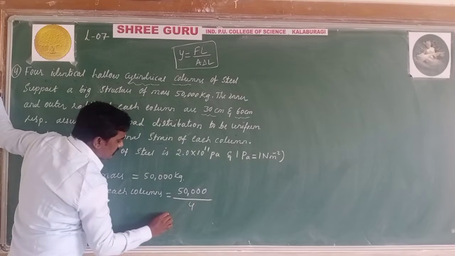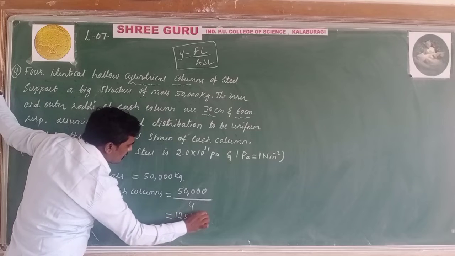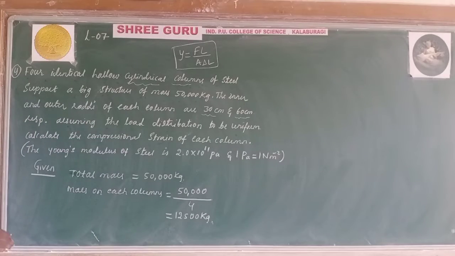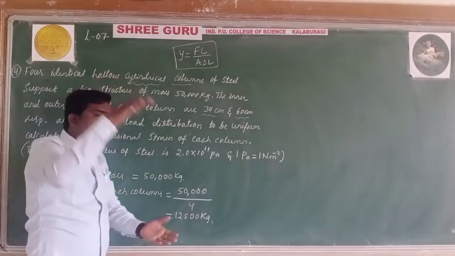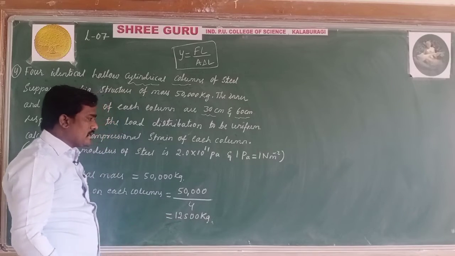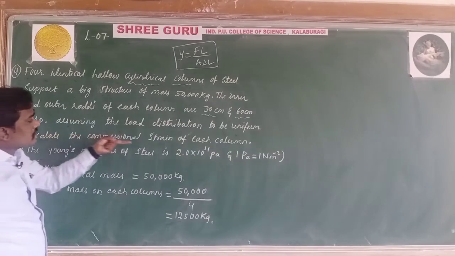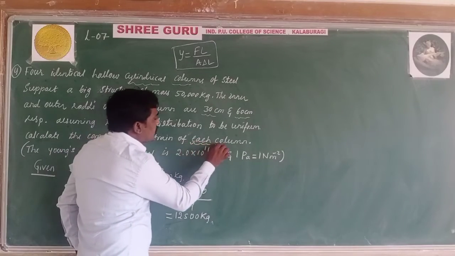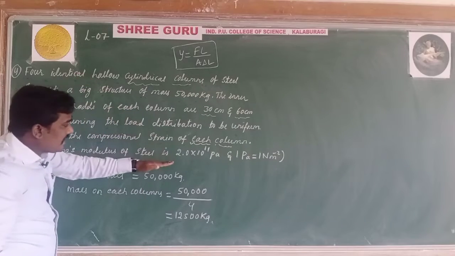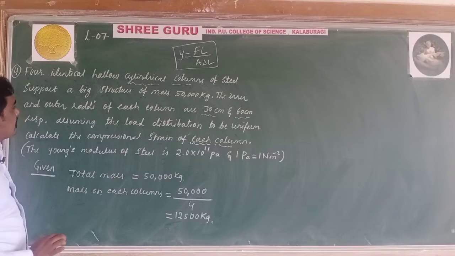Just distribute it, that is 12,500 kg on each column. The mass acting on each column is 12,500 kg. Why? Because ultimately we should calculate the compressional strain on each column, not on all four columns in total. We should find the compressional strain on each column only. This is the first thing they mentioned.